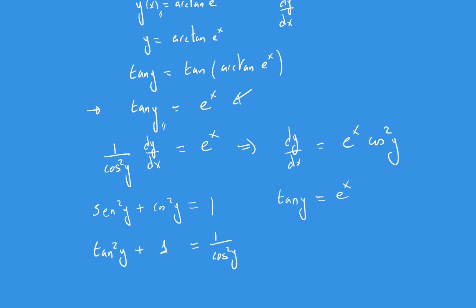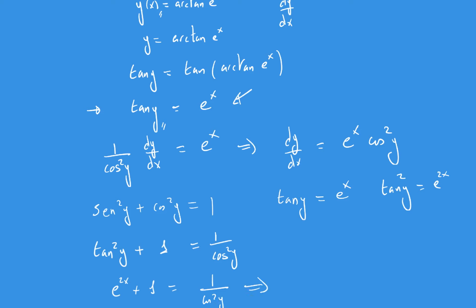But now I know what tangent square of y is. It's e to the x. Oh no. Tangent of y is e to the x, but tangent square of y is e to the x squared, or e to the 2x. So the equation will be e to the 2x plus 1 equal to 1 divided by cosine square of y.